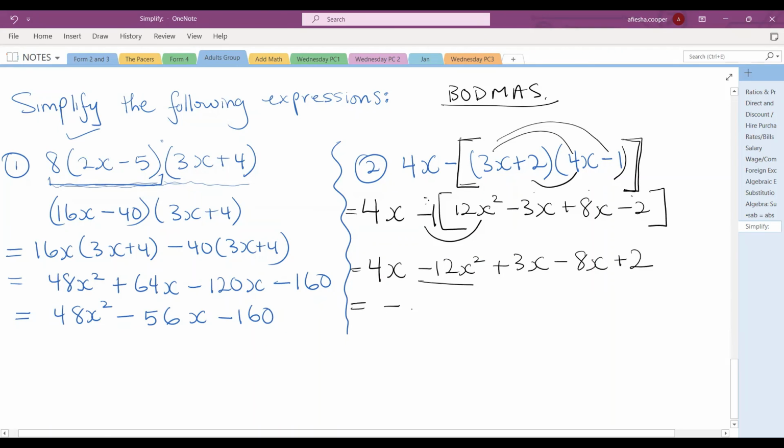We don't have another x squared, so we put back negative 12x squared. We have 4x plus 3x, which is 7x, minus 8x, that's negative x, or negative 1x, and we put back our plus 2. Right, so we'll do another example just to clarify.